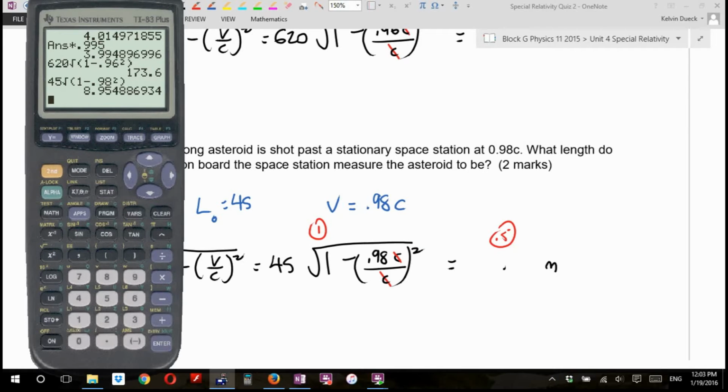Yeah, 8.95, almost 9 meters, a little less than 9 meters. Again, 9.0 I would take. 8.9, I'd take a half mark off, and I'd say learn to round off properly. 8.955 I'd take. 8.9549 I'd take. My rule of thumb, Robbie, if I'm not sure, I go to 3 sig figs. Although here, because it worked out to 173.6 even, I went to 4 sig figs.